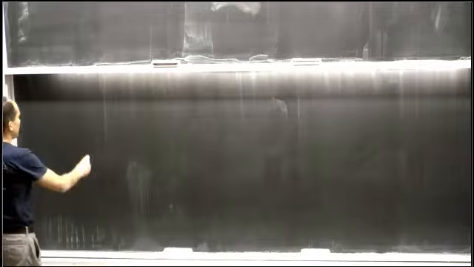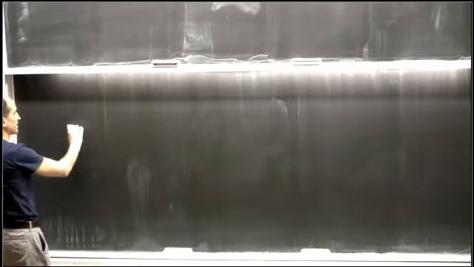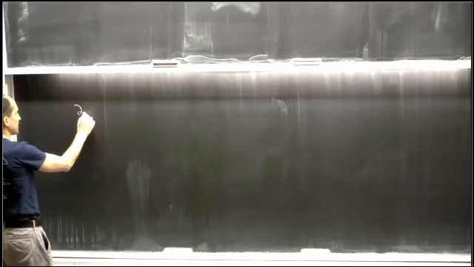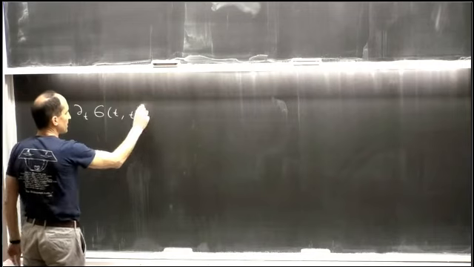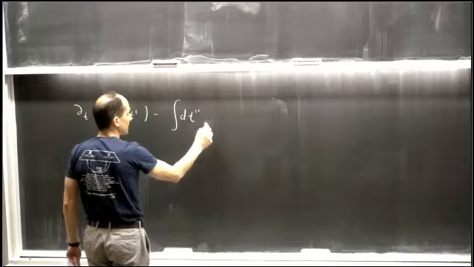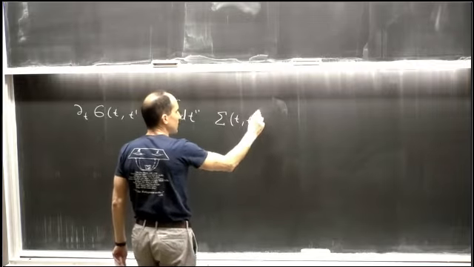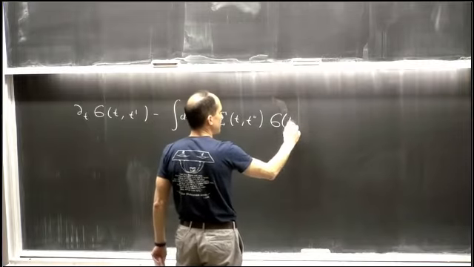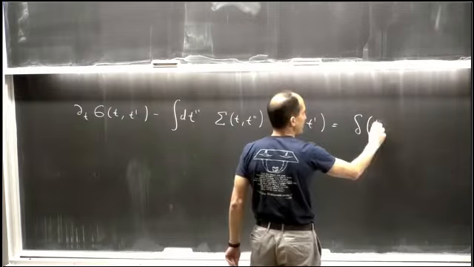As a check of whether we have this invariance, we can look at the equations for the model. Recall that we wrote many times the equations, and they had the form: d/dt of G(t,t') minus the integral dt'' of Sigma(t,t'') G(t'',t') equals delta of t minus t'.